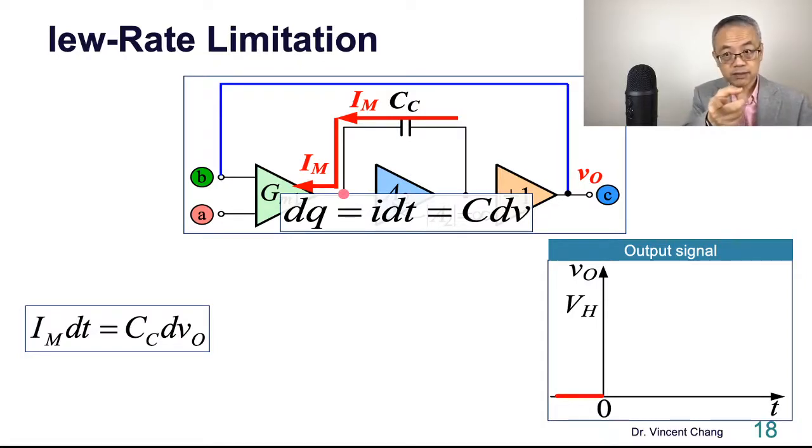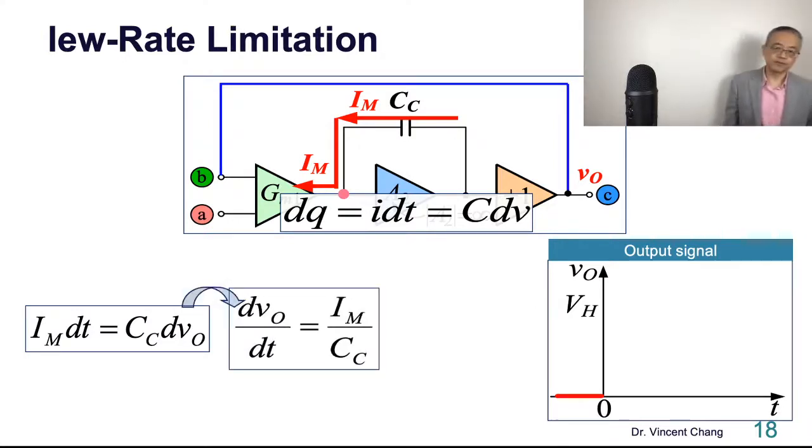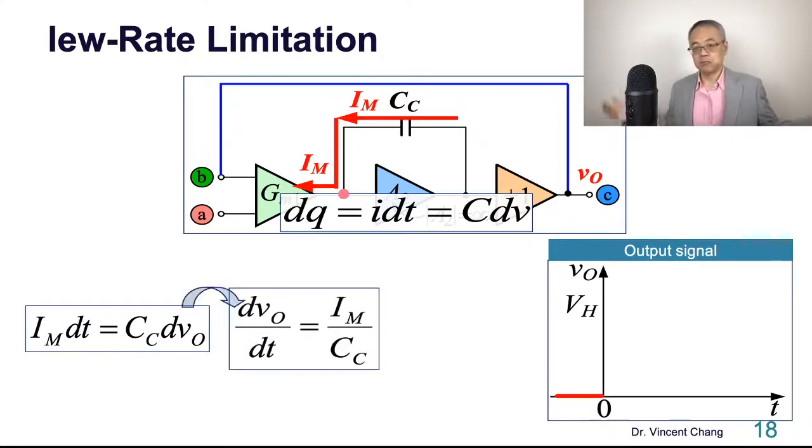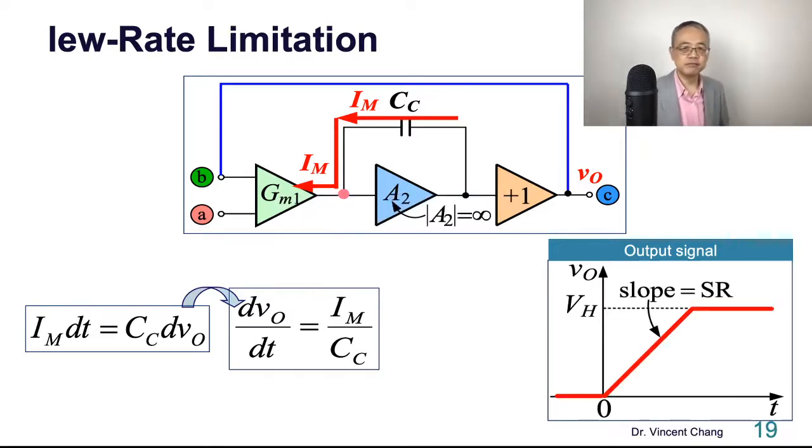That's it. So it tells you the derivative of VO is a constant. When the derivative of a variable is a constant, what kind of function do you get in the time domain? It's a straight line, right?